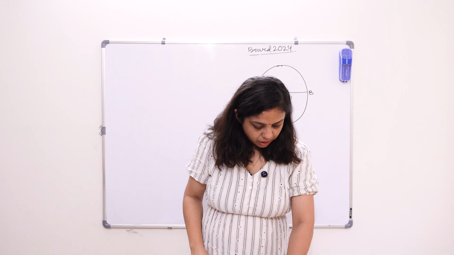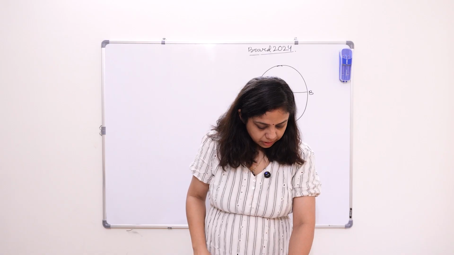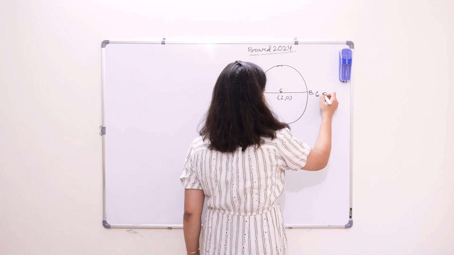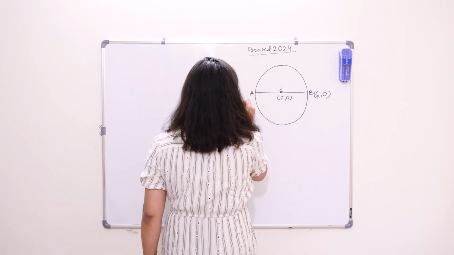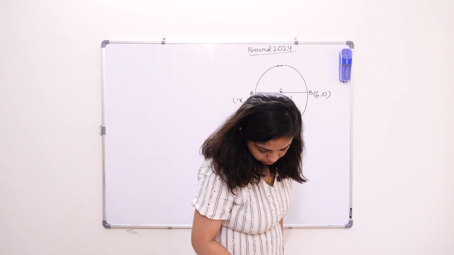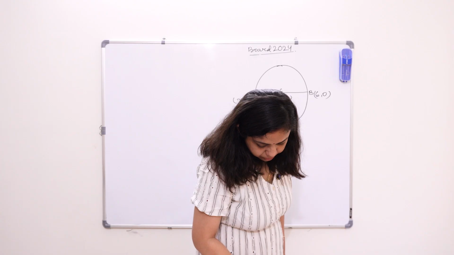In A, B and C, it has been said that the diameter is at 6, 0. If one end of the diameter is 6, 0, say this is 6, 0, then the other end is.